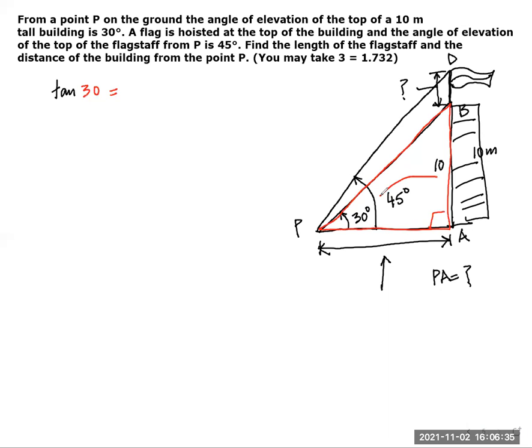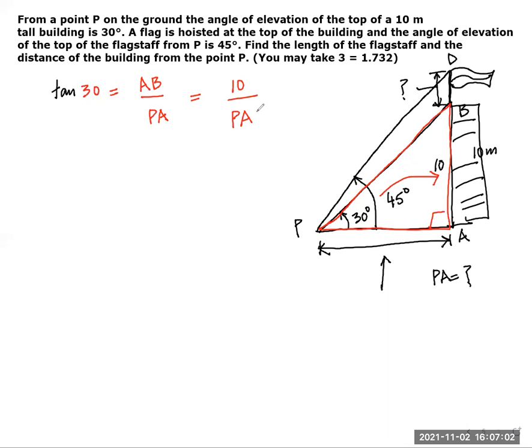Opposite side by adjacent side. What is the opposite side? The opposite side is AB, in this red triangle, divided by the base, which is PA. AB is 10, so 10 divided by PA.